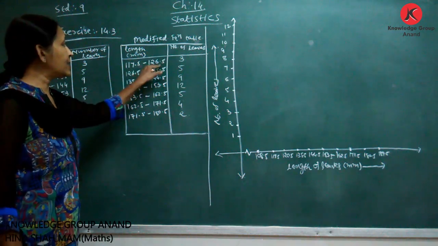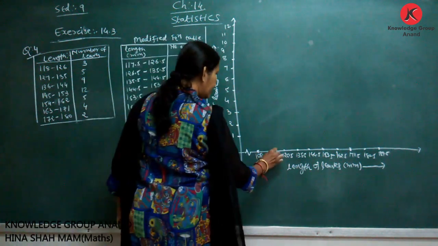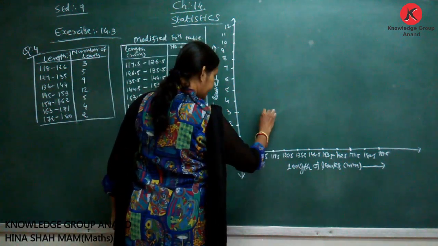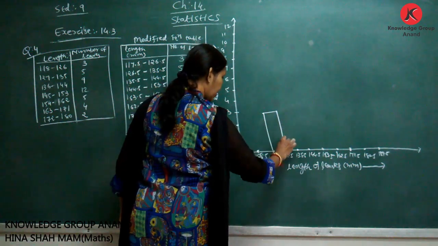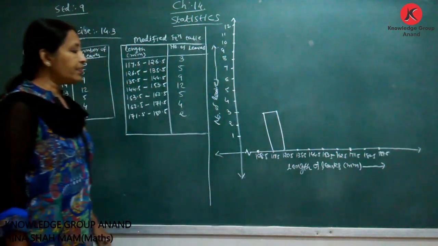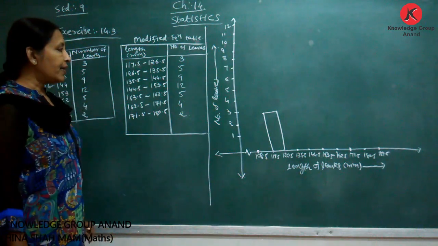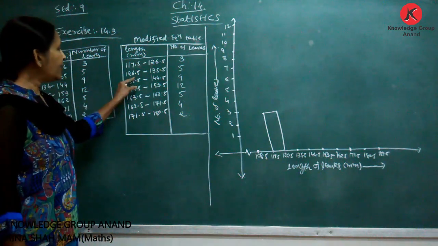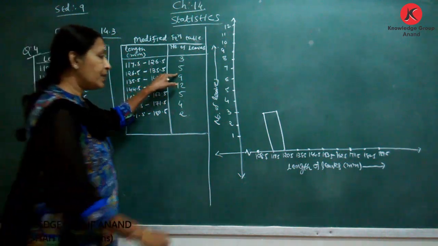117.5 to 126.5, the height is 3. From this interval, the number of leaves is 3. 126.5 to 135.5, it is 5.